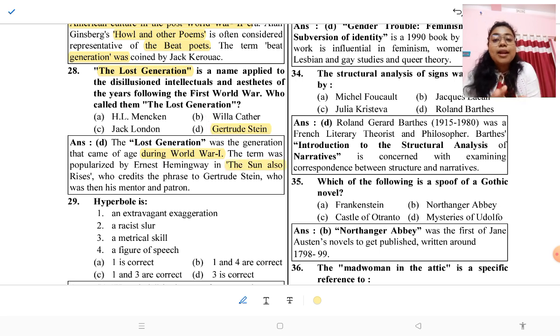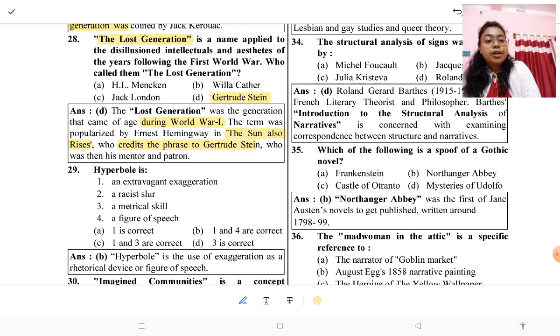As I told you, the depression and frustration was shown in this novel, because the main protagonist and narrator of the novel, Jake, was suffering because he became impotent because of the war. So the Lost Generation was made famous by Ernest Hemingway, and the phrase was given by Gertrude Stein, who was his mentor and patron.